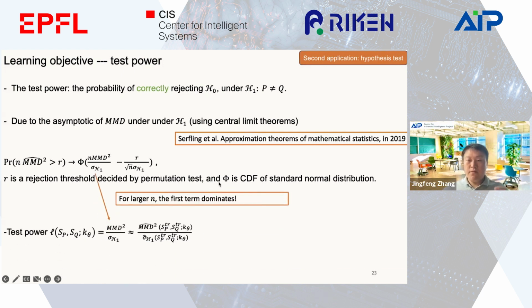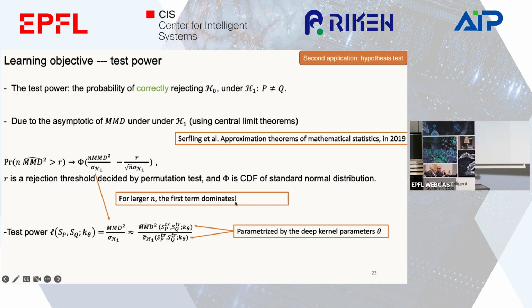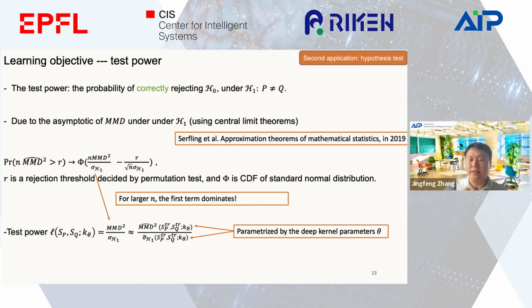Then for large n, the test power is dominated by the first term. To compute the first term, we estimate it using kernel operations, which are parameterized by theta.